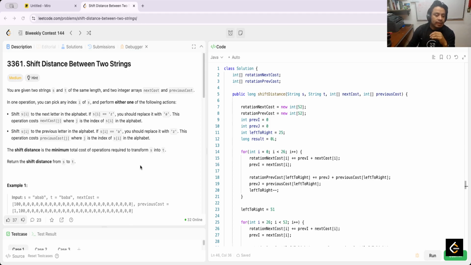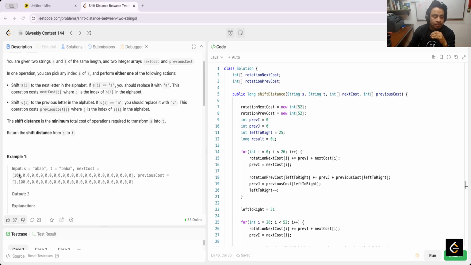And in this case, we have an integer array with the cost of the move to the next letter. For example, the letter C moves to D, for example A, B, C. The cost to move to the next is 0.